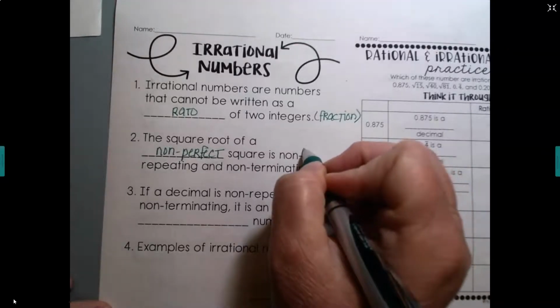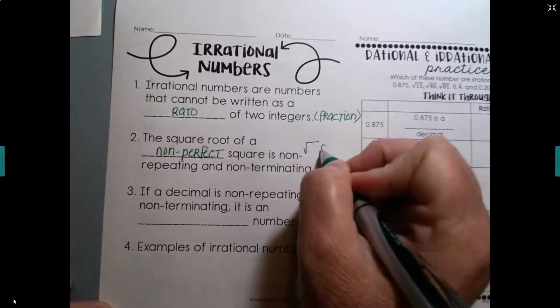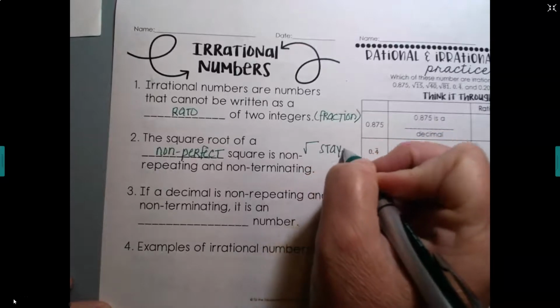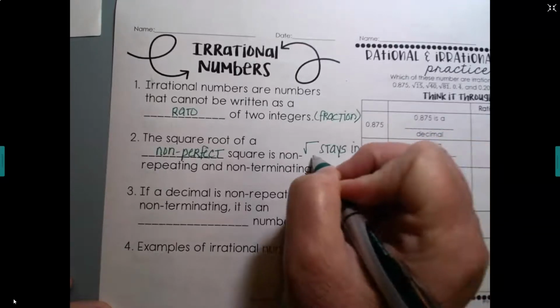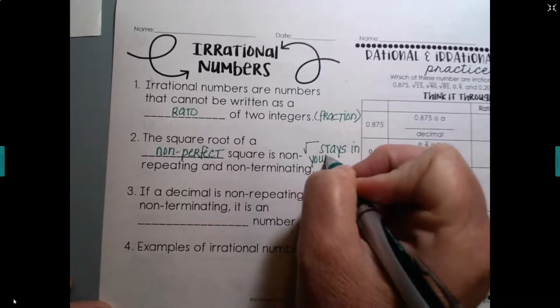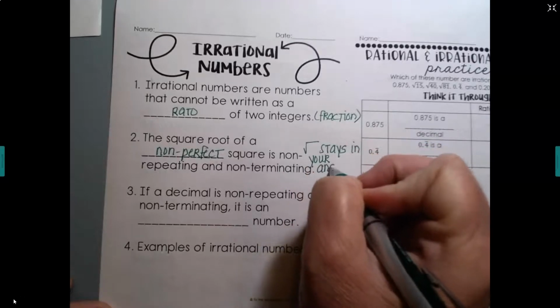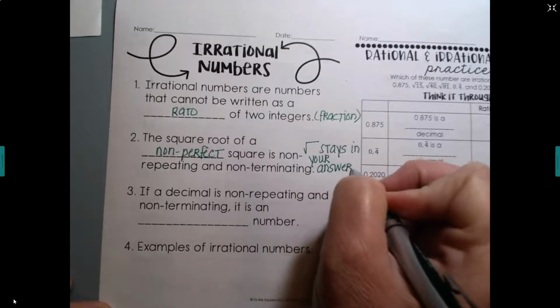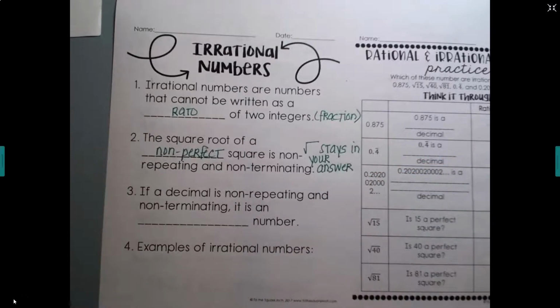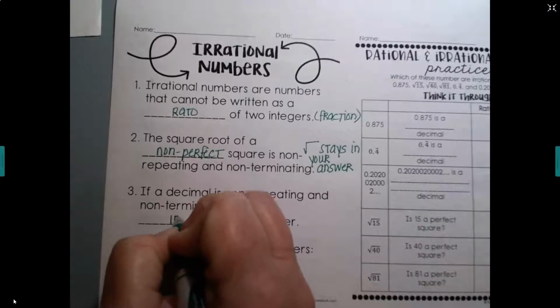And what you want to look for is that a radical stays in your answer. If you simplify your radical and it's still there, then it's going to be irrational. A number is irrational if a decimal is non-repeating and non-terminating.